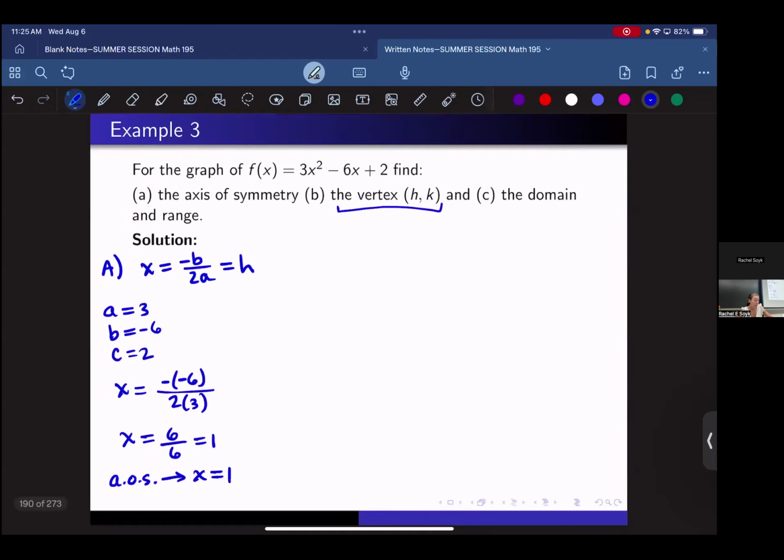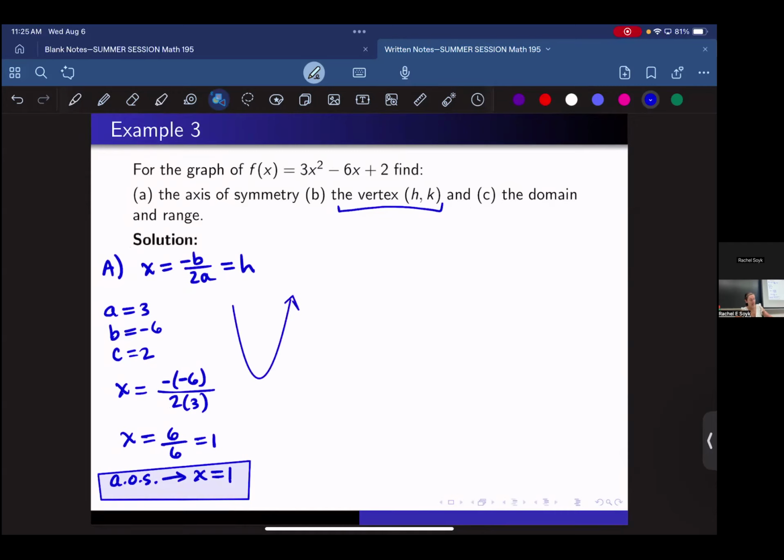From a visual standpoint, it's a vertical line. You'll see it a bit more when we start graphing these quadratic functions, but it's the vertical line that cuts your parabola exactly in half. Hence, axis of symmetry, symmetrical on both sides.